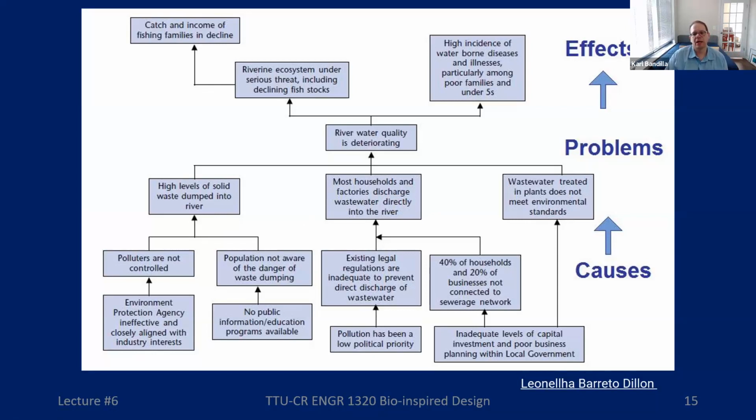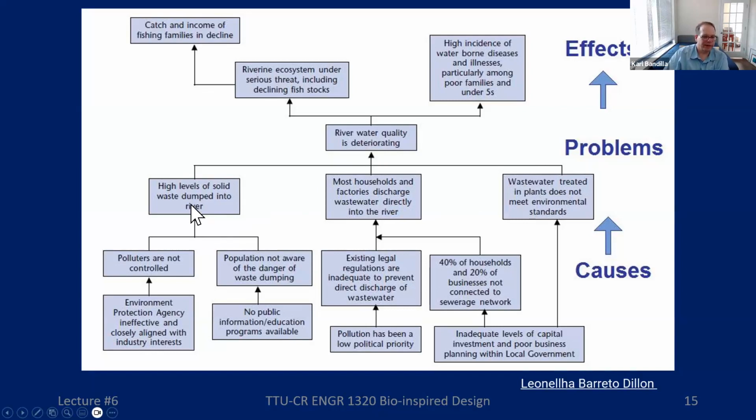And then another big problem is that wastewater treated in plants does not meet environmental standards. So for our little streams up in Escazú, that would be basically the way that people treat their wastewater before it gets to the stream is not sufficient. So these would be the main causes that we think make the river water bad.